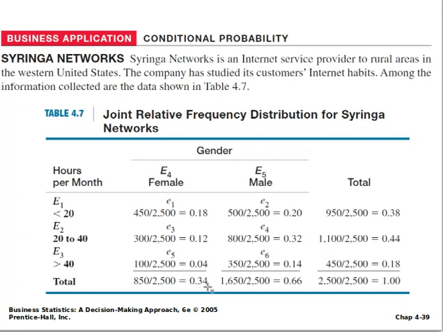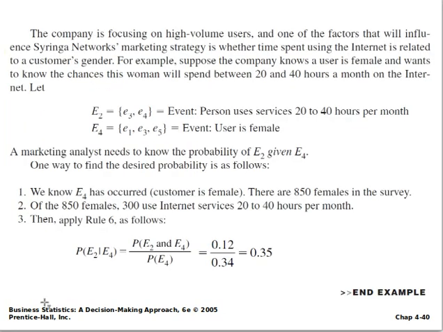Here, the total. So 0.12 divided by 0.34, the quotient is 0.35.